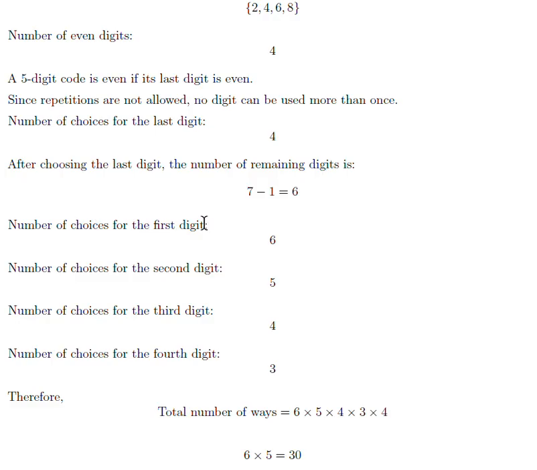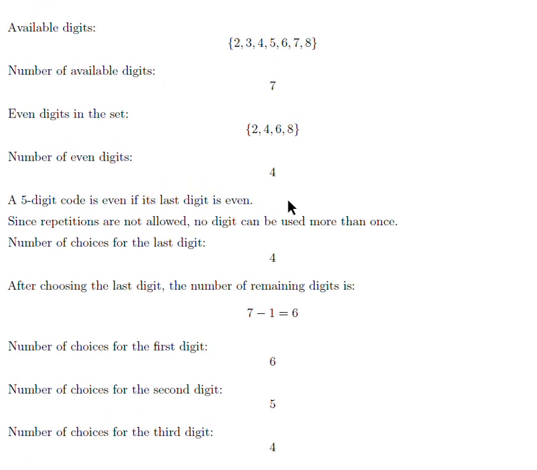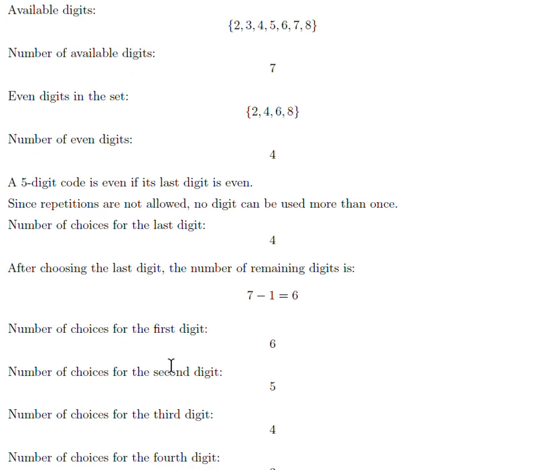For our first digit, we'll be having 6 numbers left. Remember, the total number of digits we can pick from are these 7 digits. Our last digit is taking one number at a time, and so at every instance that our last digit has taken a number, we are left with 6 numbers to fill up the first position.